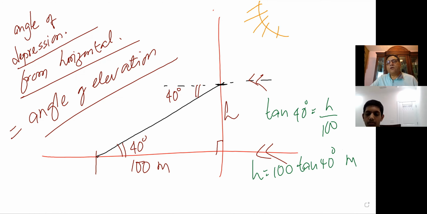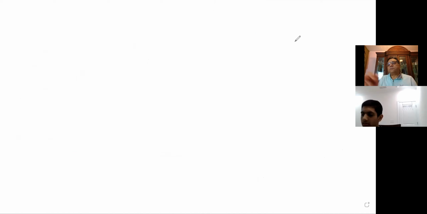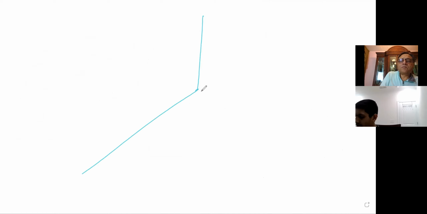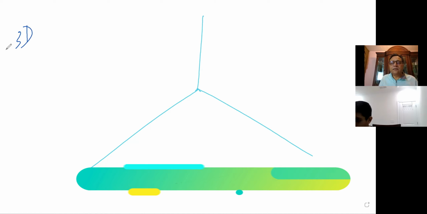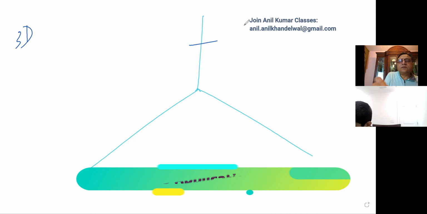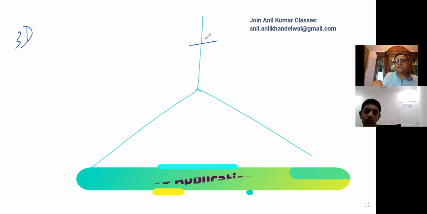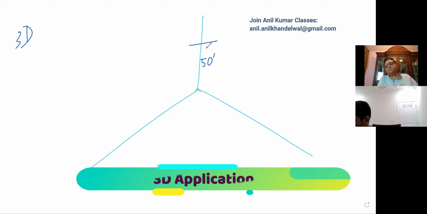Now, we could have very difficult questions based on angle of depression and angle of elevation if you look into 3D figures. If you understand, so I'll just make one here, right? Whenever you have a 3D picture, let's think like this: somebody is on a bridge, let's say this is a bridge, and it is 50 feet high.